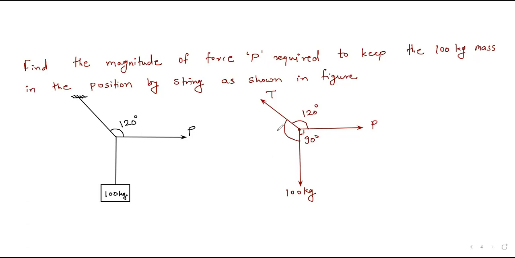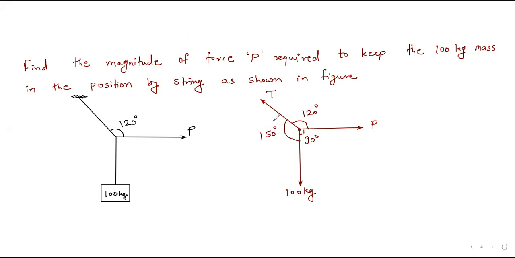The angle between T and force P is already given as 120 degrees. Force P is horizontal, so this angle is 90 degrees. So the remaining angle is 150 degrees.